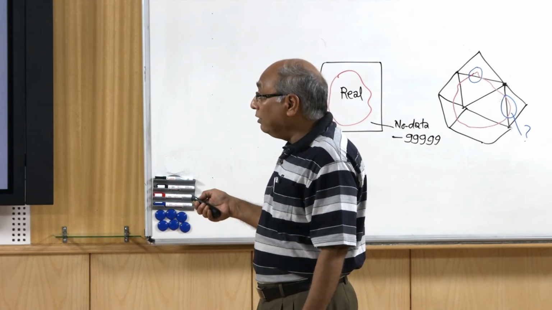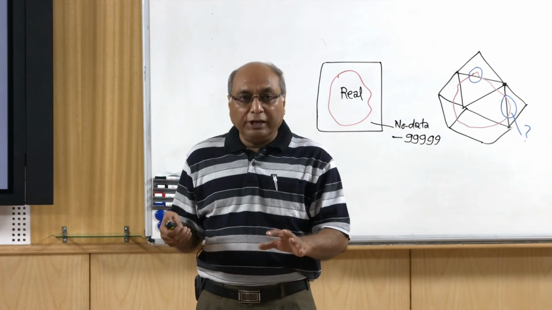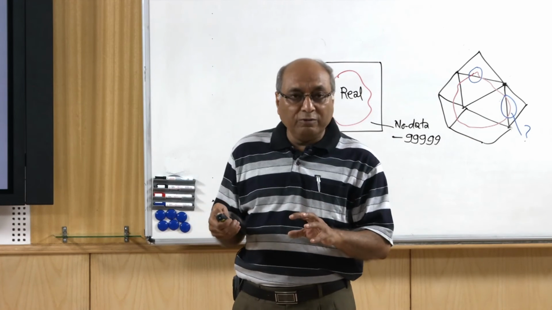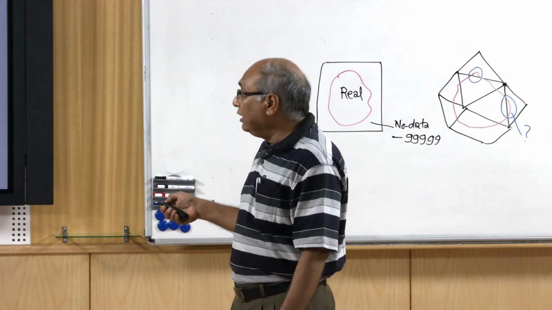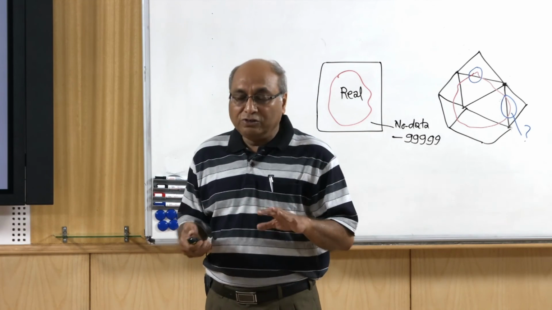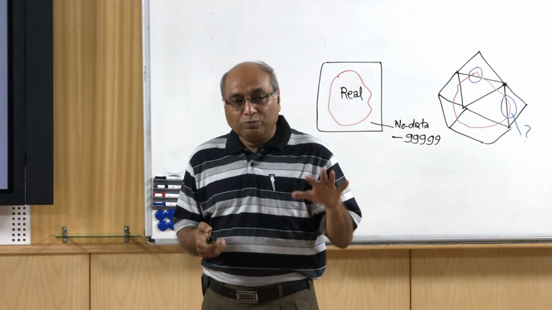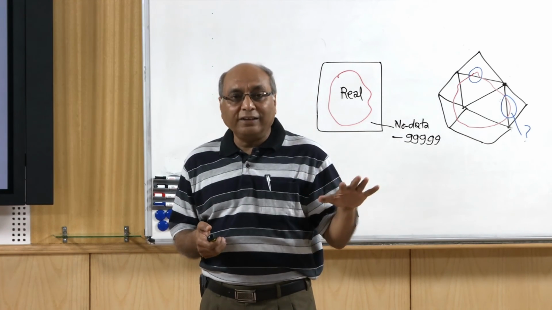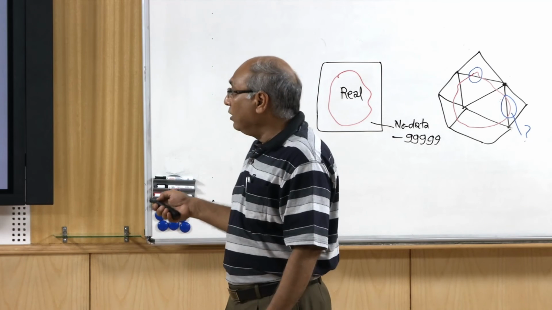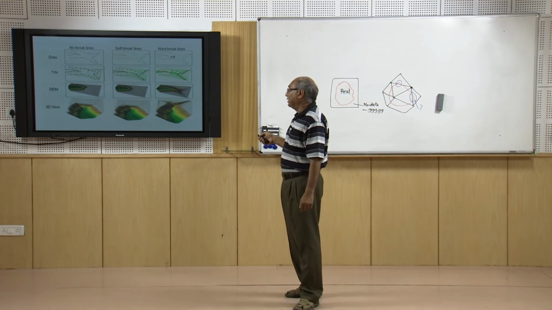When we are not sure how much influence they will have, they might have influence or may not, then we go for soft break lines, generally in terrain which is not rugged like the Himalaya. If the terrain is smooth, with undulations but very smooth, then we should go for soft break line options and not hard break lines.